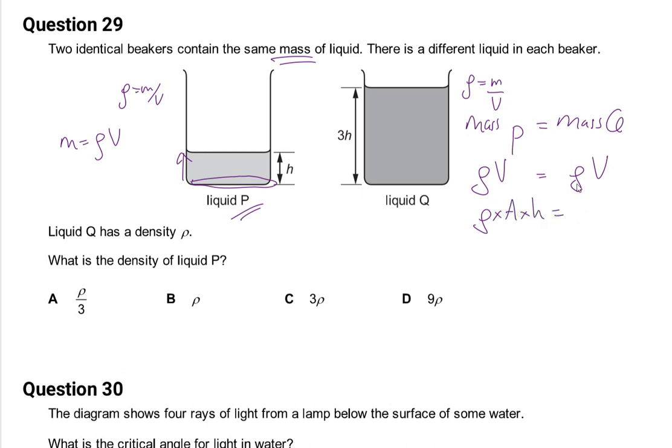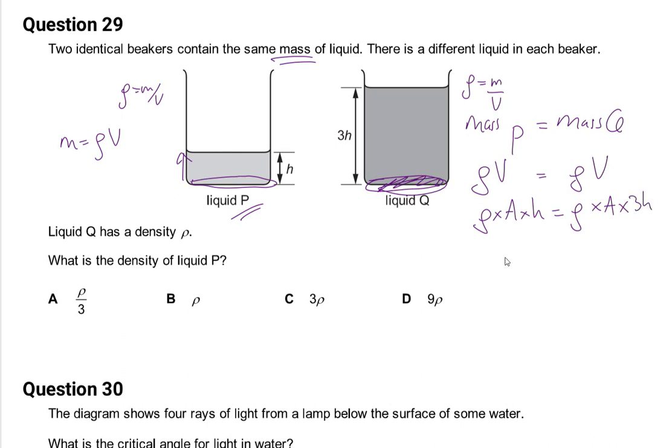Now this density here, do I know? I don't know this density here. The volume here is going to be the same area A multiplied by the height. This is the cylinder, the area of the circle times height is 3h.